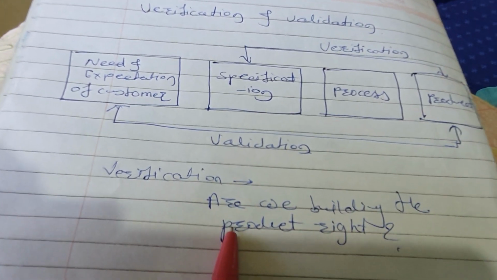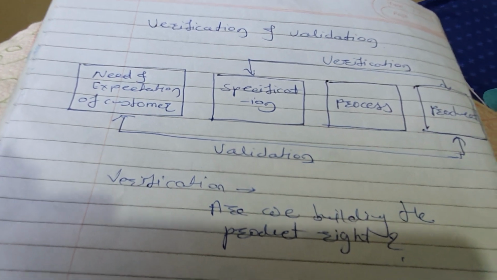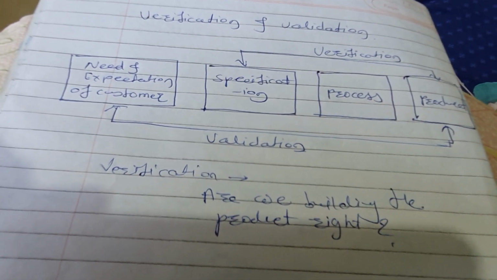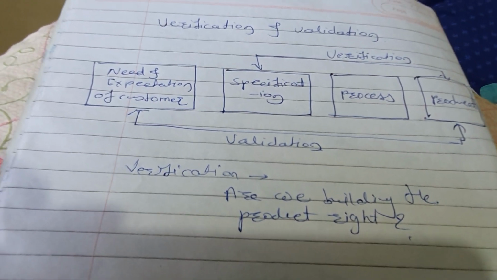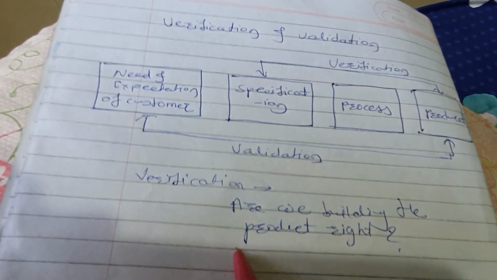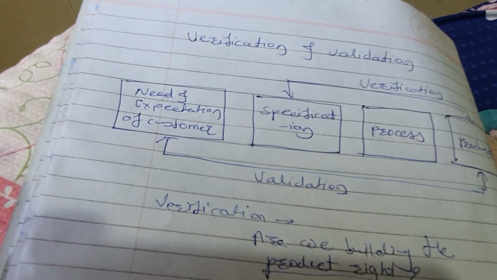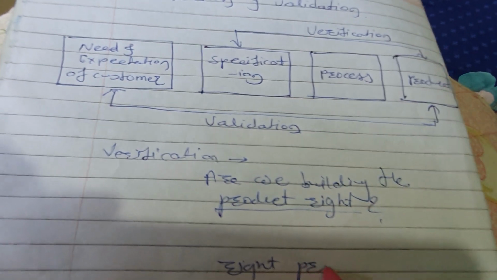Product is nothing but your software. Whatever software you're going to design, whether this software is designed properly or not, that is verification. And validation means, are we building the right product? Just one difference, swapping the word. Right product means validation.